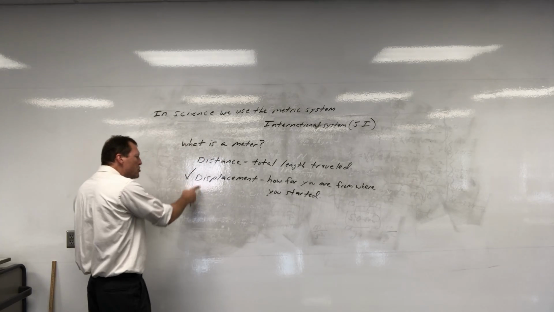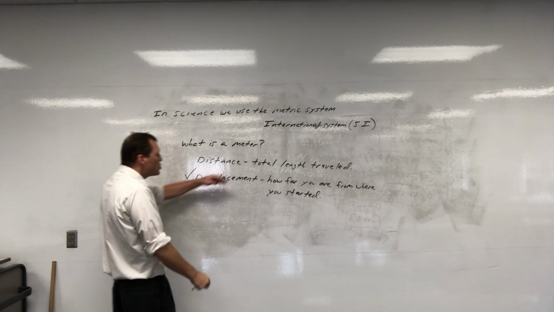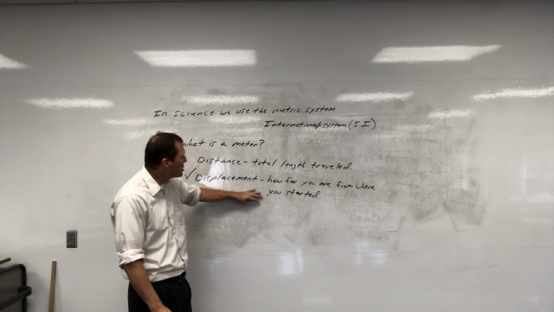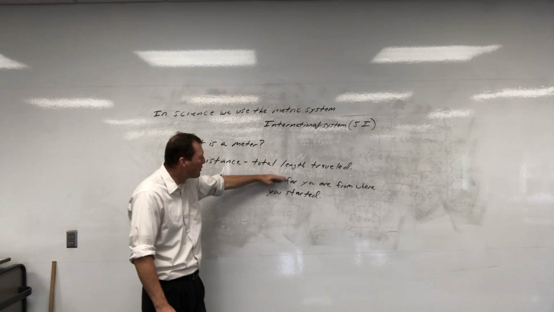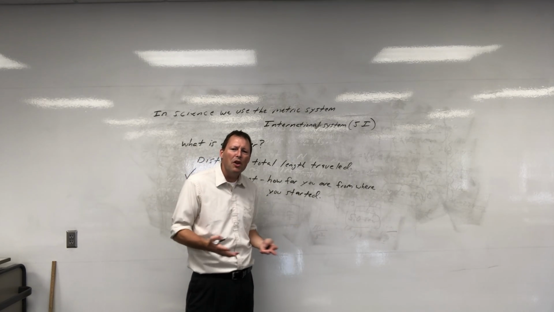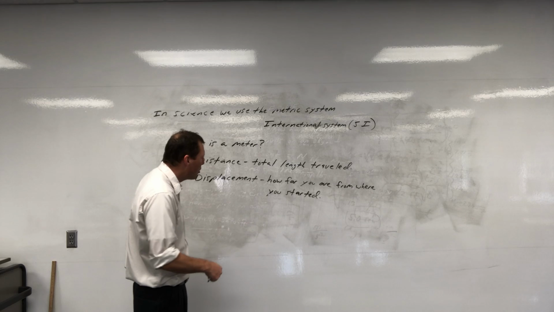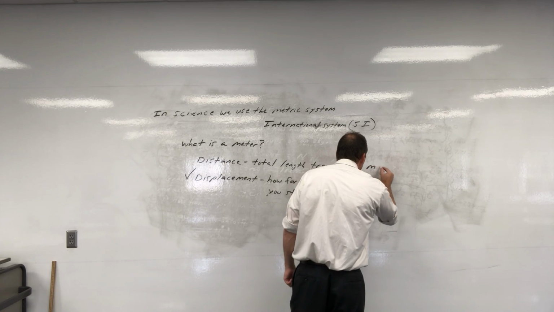This is what we're going to use most of the time in physics class, displacement. So there's two differences between distance and displacement. We just talked about the first difference. They have a different definition, and sometimes you'll actually get a different number. That number is called a magnitude.